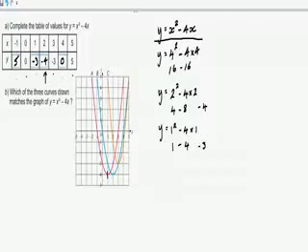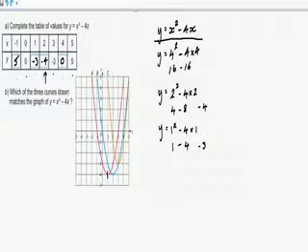So now we've filled this out. Then it says which of the 3 curves drawn matches the graph of x squared minus 4x. All we need to do is find out which of these lines has these coordinates.